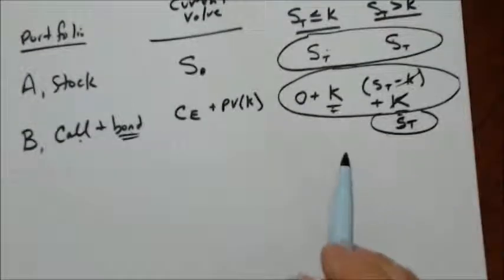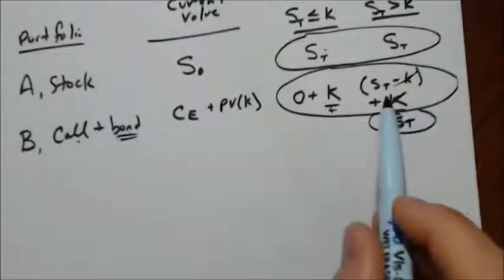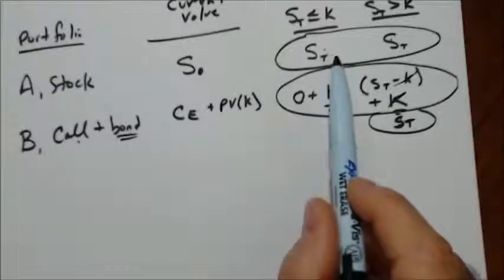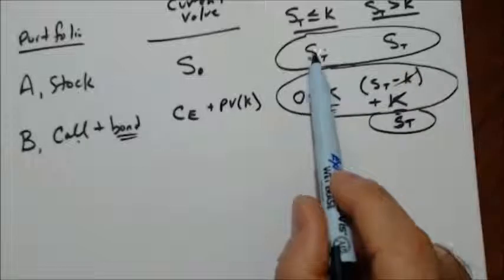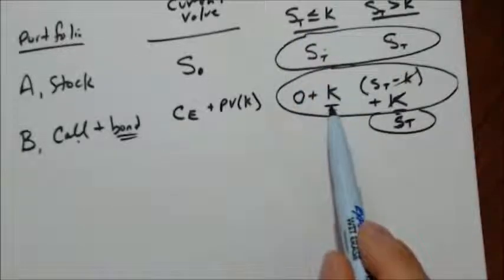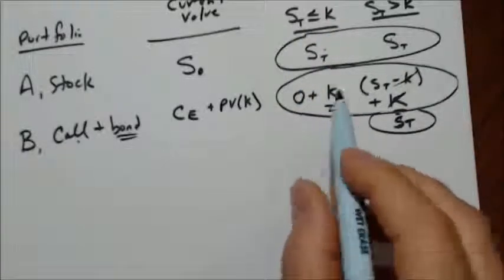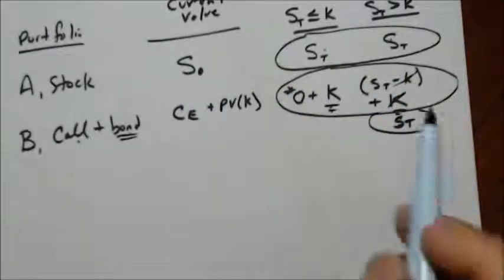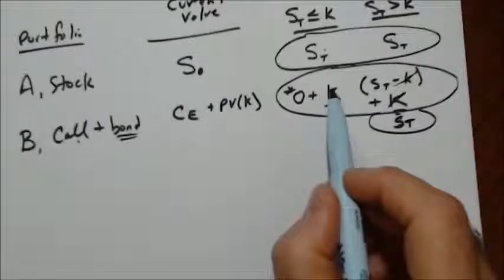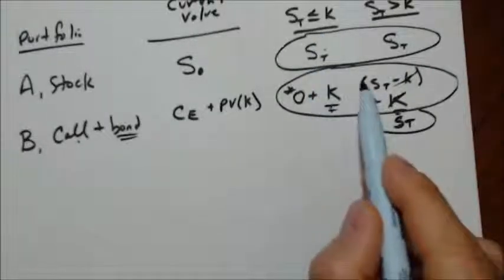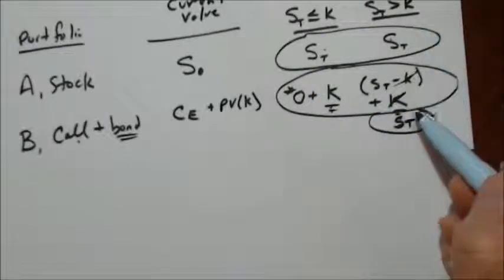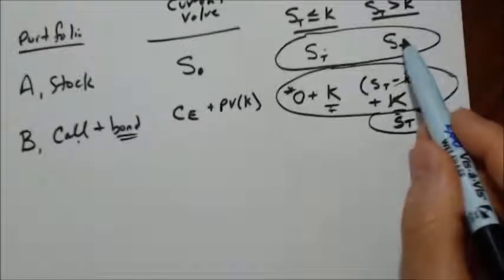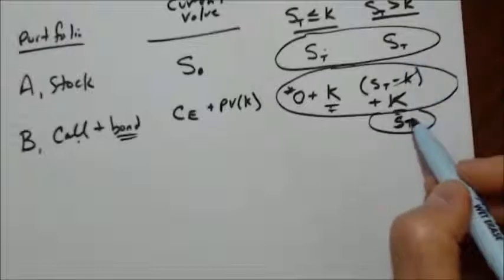And if we compare, we find out that if the stock price is less than K, then the winner here, the better portfolio in this case, is portfolio B. This is the better portfolio because K will be larger than ST. And if you're looking at when the option finishes in the money, then they tie. ST is equal to ST.